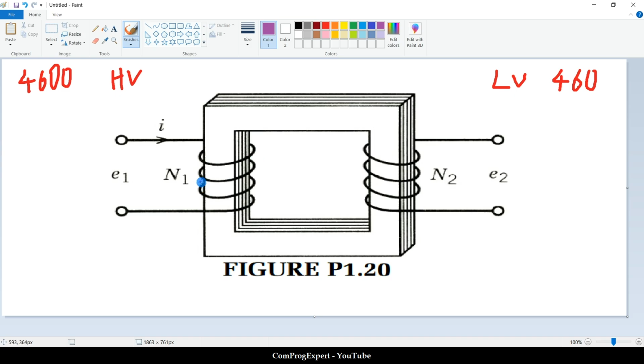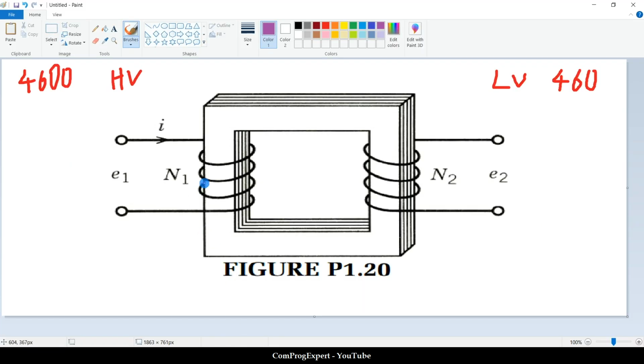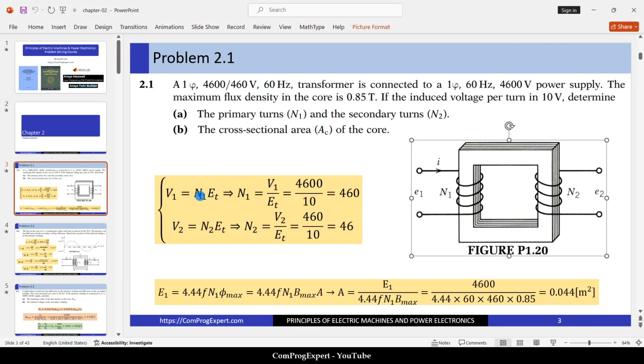The value of the induced voltage per turn is given in the problem, 10 volt. So here, the induced voltage for one turn of the primary winding or the secondary one, these two are the same. ET, the induced voltage per turn, is given. So simply we can calculate the number of turns N1 and N2.